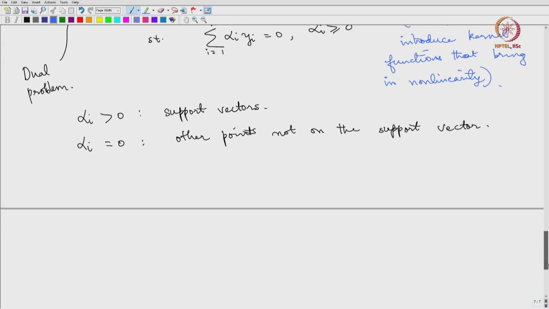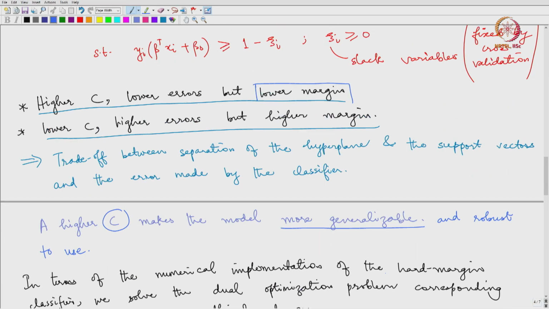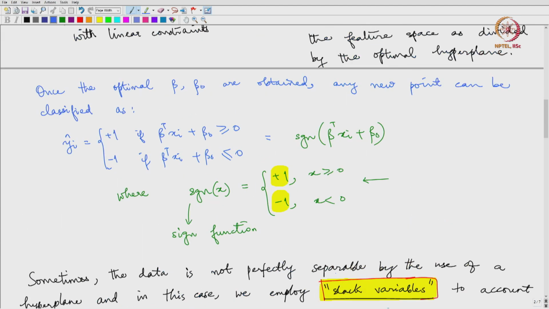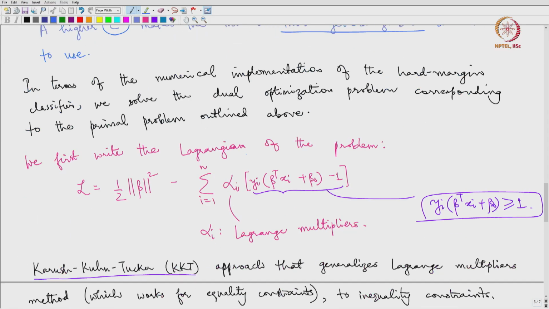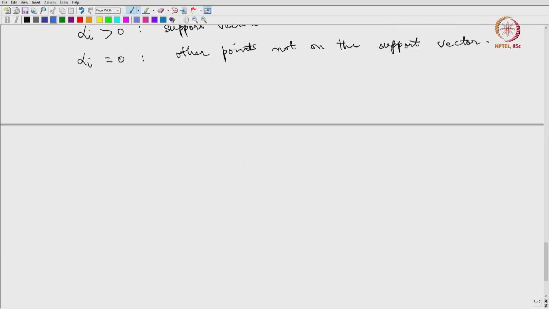Earlier you were looking at the sign of beta transpose x plus beta naught. If you remember, you are looking at the sign of beta transpose xi plus beta naught. Now, you can just talk in terms of a linear combination of the alpha i's. Okay.